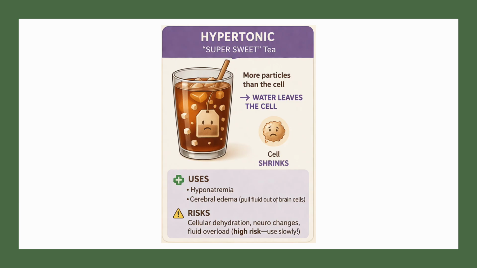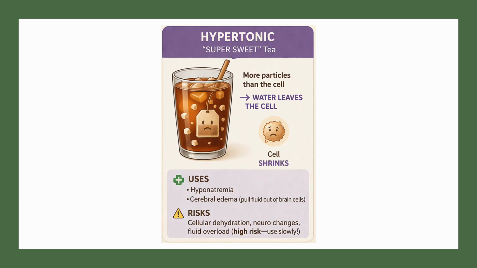Of course, there are risks with giving hypertonic solutions. We want to be careful that we don't dehydrate the cells, meaning we don't shrink the cells too much. The goal is to shrink cells, but to shrink them back to normal, not shrink them so they look very shriveled up, almost like a raisin.